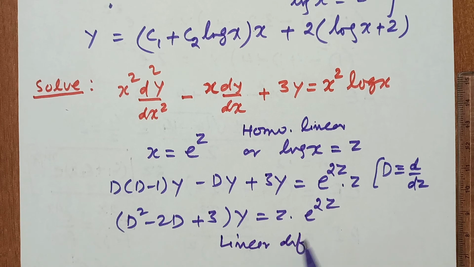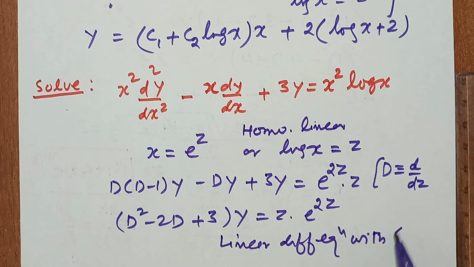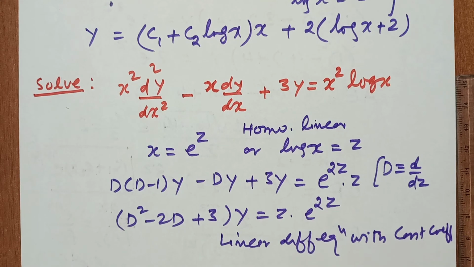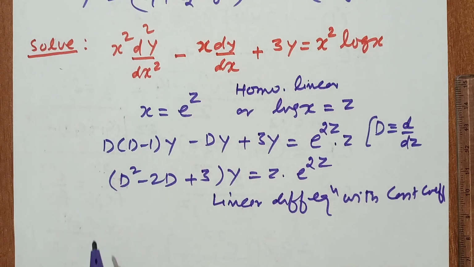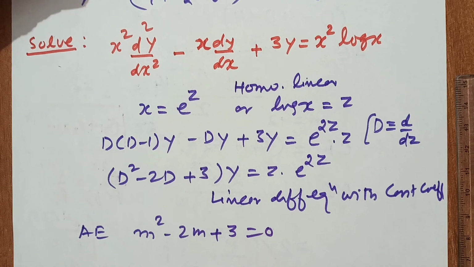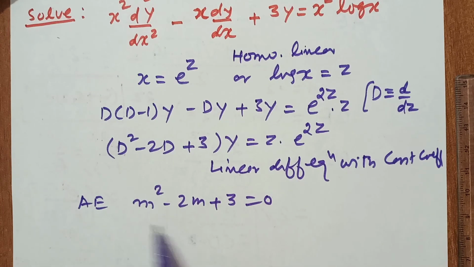Now first we calculate the auxiliary equation. What is the auxiliary equation? m² − 2m + 3 = 0. This is a quadratic equation which is very easy to solve.